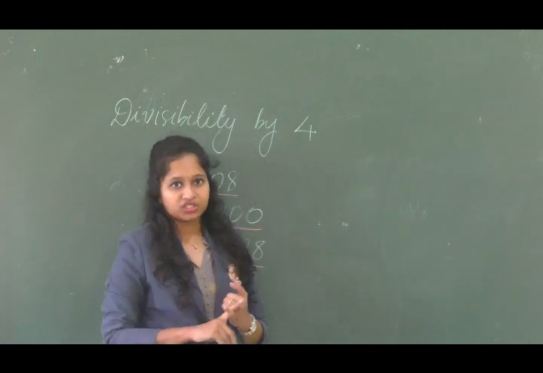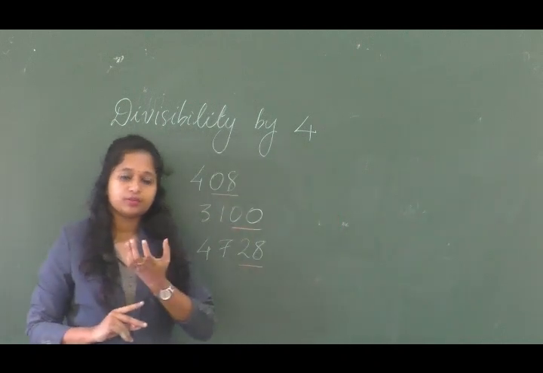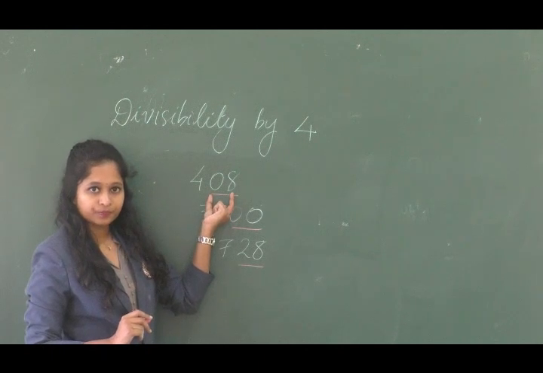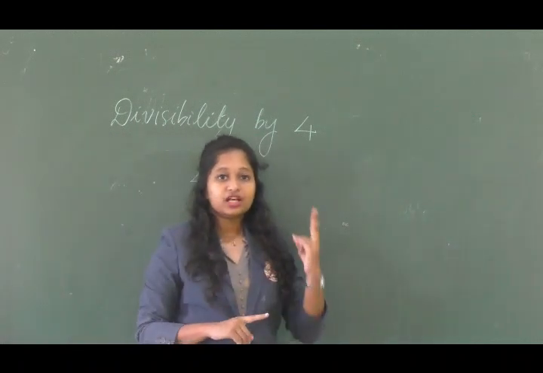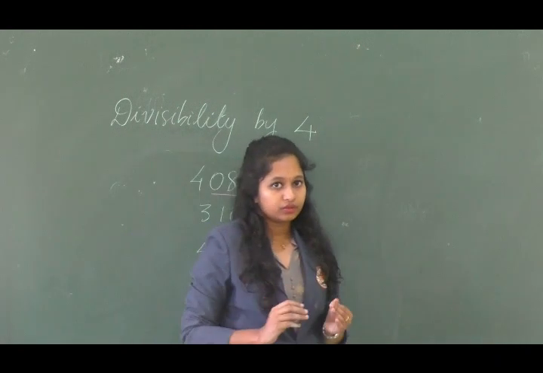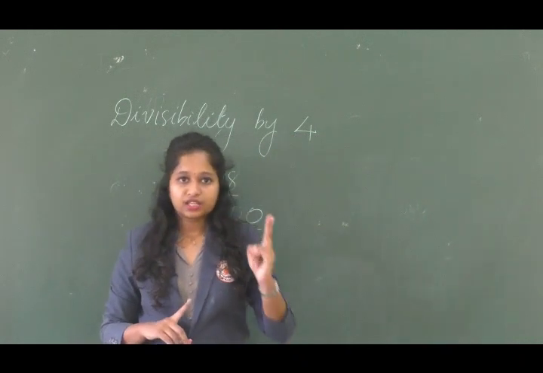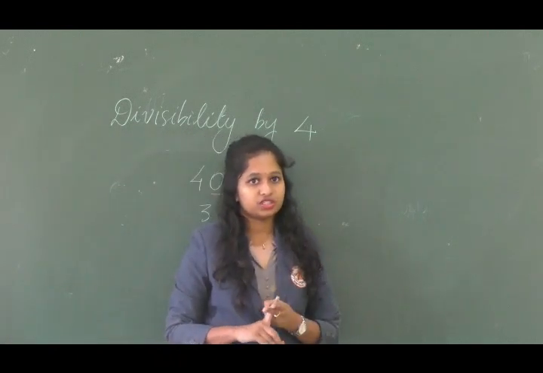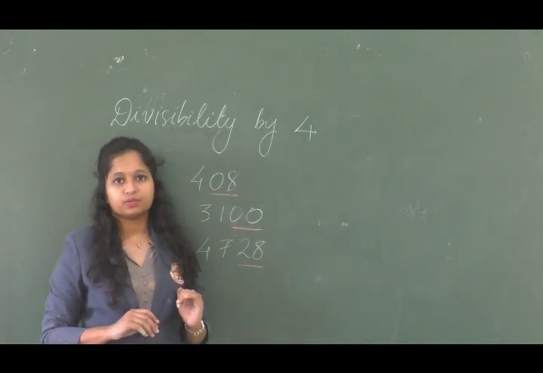So if the last 2 digits are divisible by 4, then we can conclude that the whole number is divisible by 4. Okay, here 8 is divisible by 4, here 28 is divisible by 4. And there is one more condition, if the last 2 digits are 0, then we can conclude that the number is divisible by 4. So the condition is the last 2 digits should be divisible by 4, or the last 2 digits should be zeros. Okay, so all these numbers are divisible by 4.